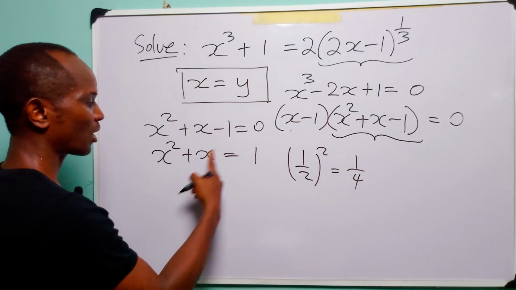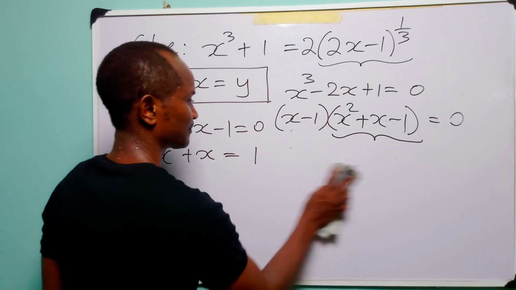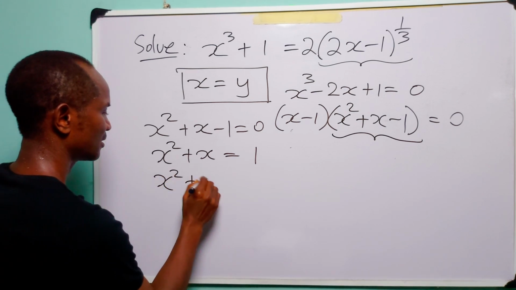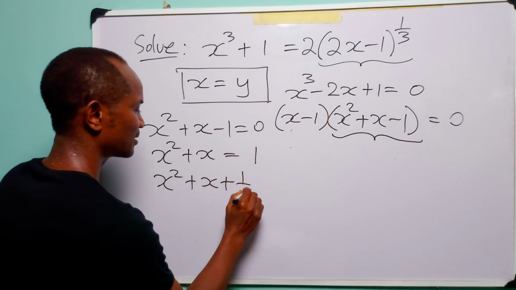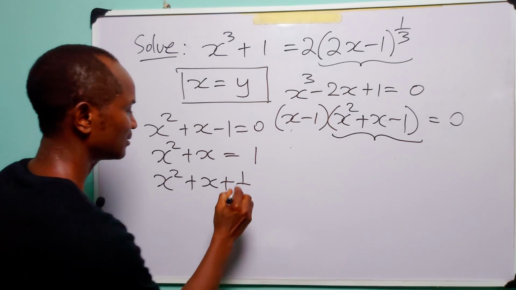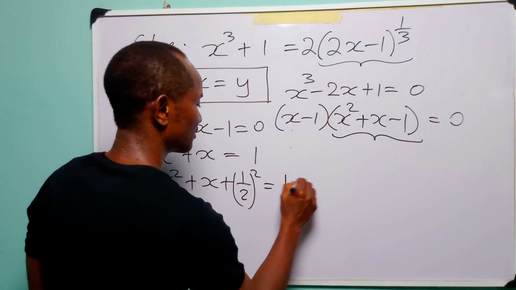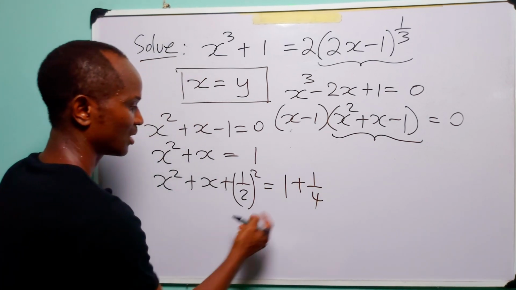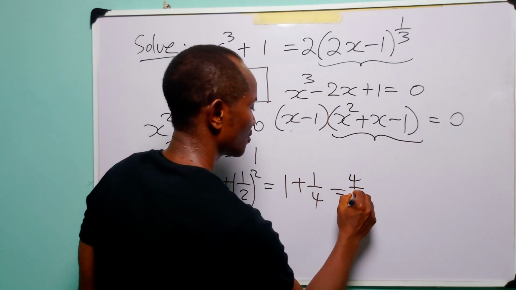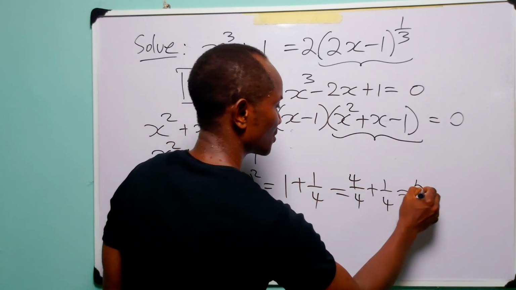So we are going to add 1 over 4 to both sides of this equation to complete the square. x squared plus x plus 1 over 4, or let me write this as x plus 1 over 2 squared, is equal to 1 plus 1 over 4. Let us write this 1 as 4 over 4 plus 1 over 4.